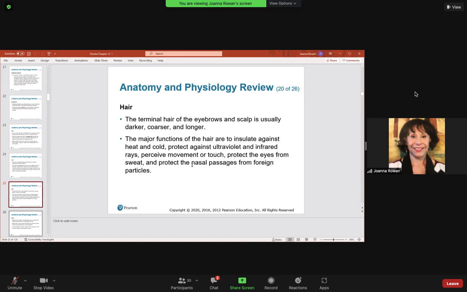Remember, we have hair in the nose, and so that also protects us from foreign particles going into the nasal passages. The eyelashes also have a protective role, and of course it protects against foreign particles as well as sweat.